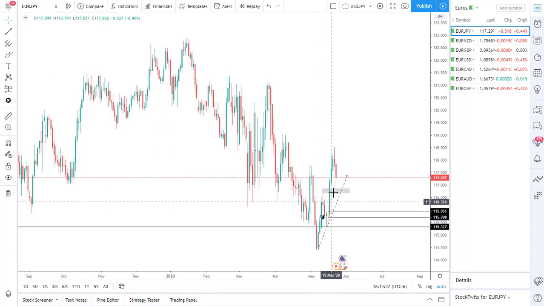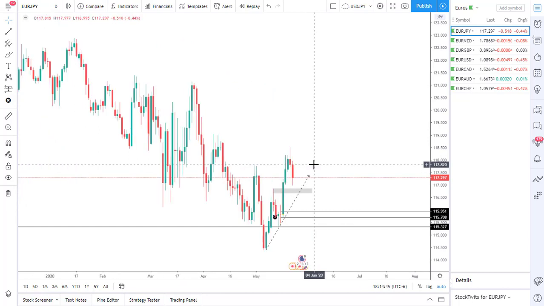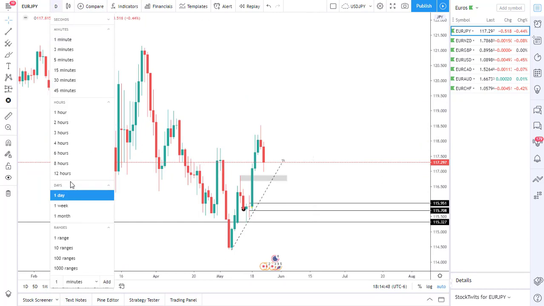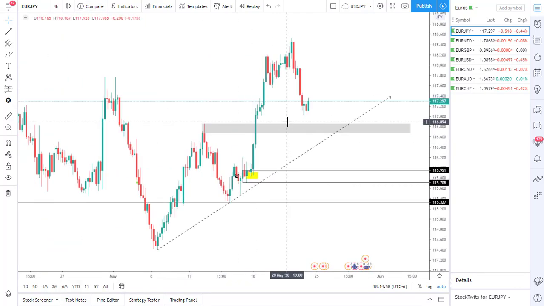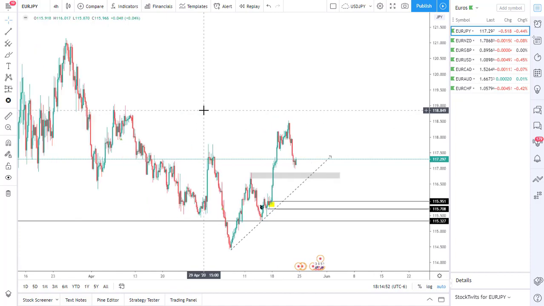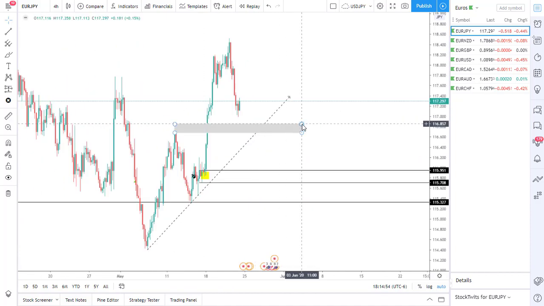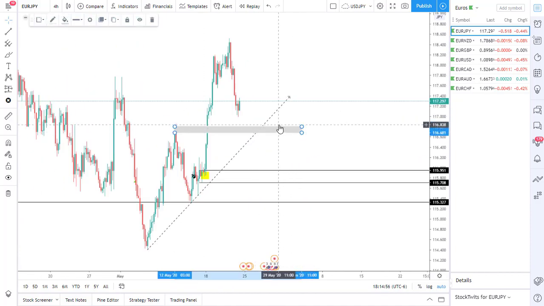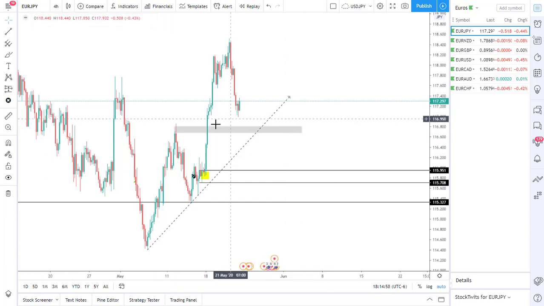Why? Because this rally removed the most recent supply zone on the daily. Now, when I go to the 4-hour time frame, see what we have. We have a possible support and resistance structure. Where? Here.